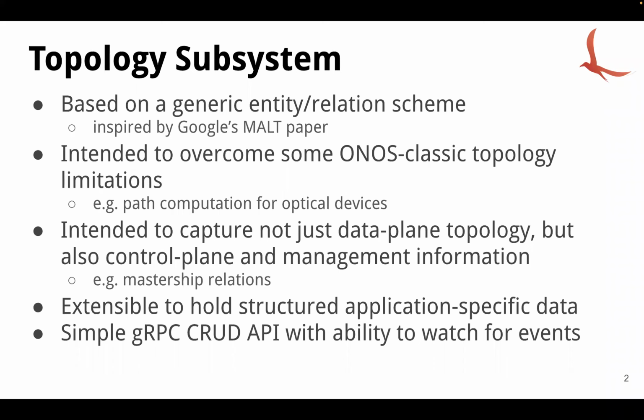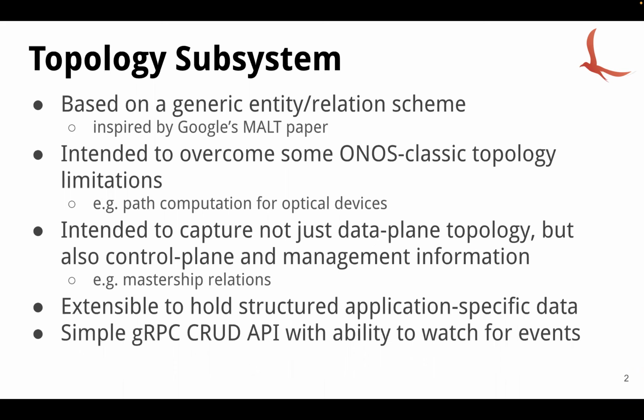Speaking about schema, this is designed to hold structured application-specific data, so applications can bring their own pieces of information and attach them to the topology objects. And finally, it's designed with a simple gRPC CRUD API, which also has the ability to watch events as the topology changes. This is important, clearly, to be able to have an efficient implementation of the system.